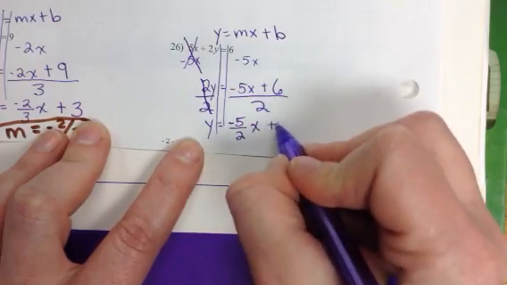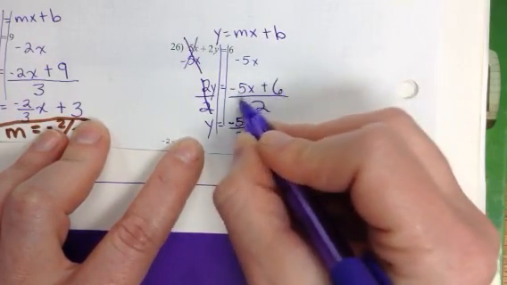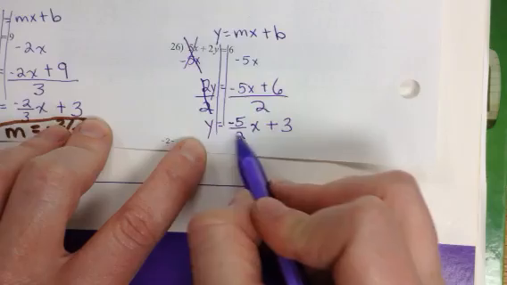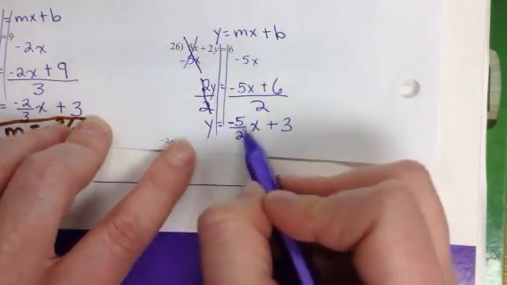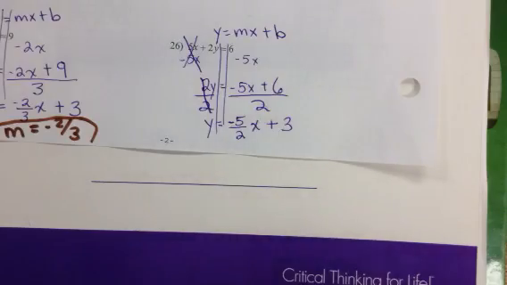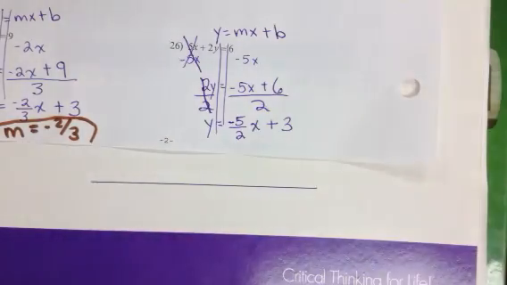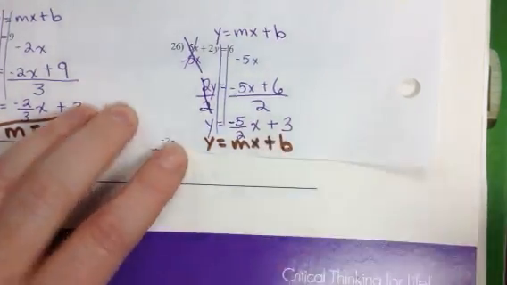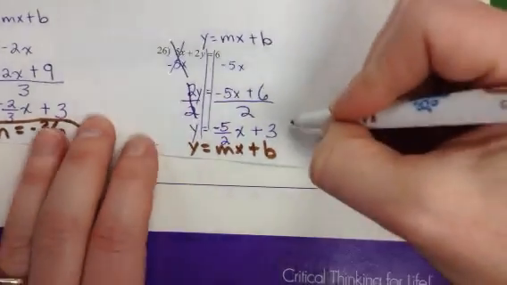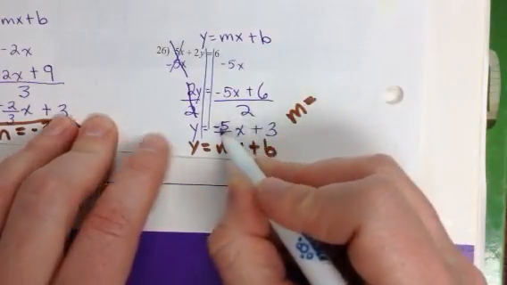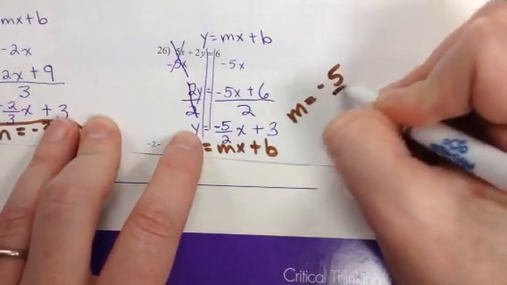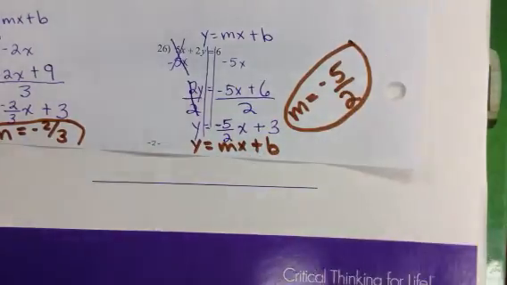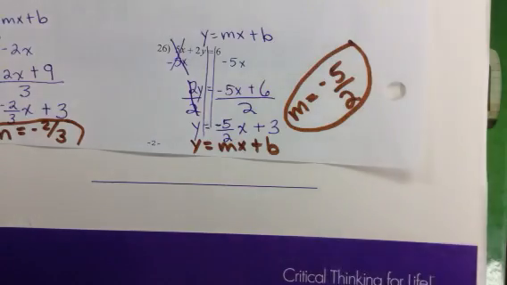They had a plus, and now I'm doing 6 divided by 2, just leaves me with 3. And I cannot reduce this number anymore, so I'm leaving that as a reduced fraction. This paper was only asking for the slope, so in an equation, since mine now does look like my goal, I can easily see that the slope number is the coefficient on the x, so negative 5 over 2. Okay, put this paper in the notes section of your binder.